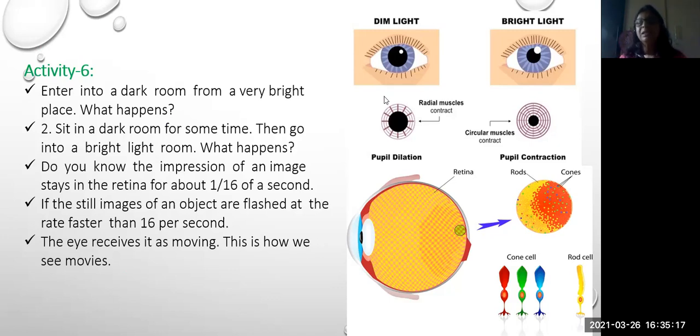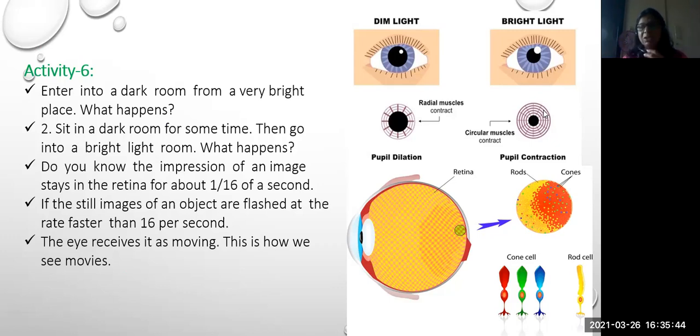And already I have shown how the pupil size changes in dim light and bright light. And here, radial muscles and circular muscles. Okay, radial muscles are the longitudinal type. Circular muscles are the circle-like muscles, which work with contraction and relaxation the opposite way. And how the cone cells and rod cells take part.